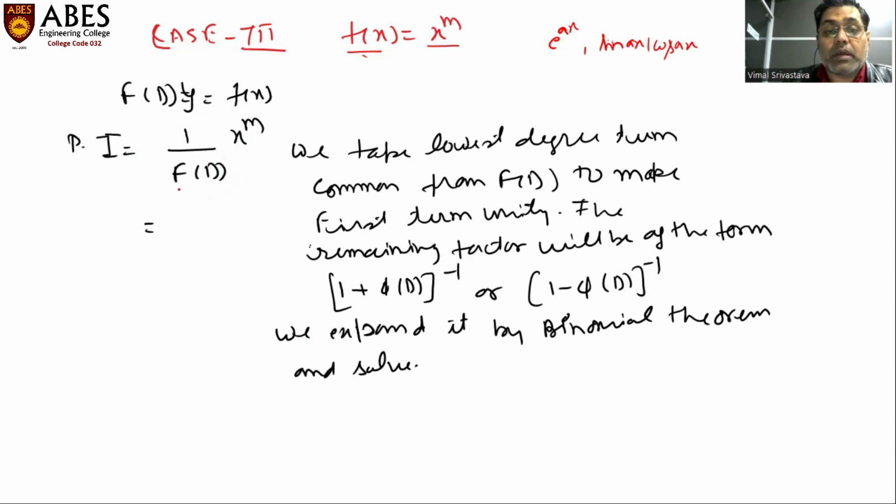So what we do here is take the lowest degree term in this f(D) as common, so the remaining part becomes some function like 1 plus phi(D) or 1 minus phi(D), where phi(D) is a function of D. That means once we take the minimum degree term common, the first term becomes unity.